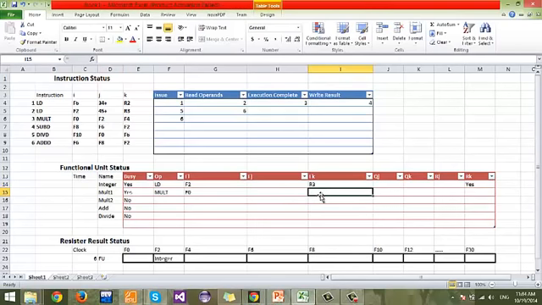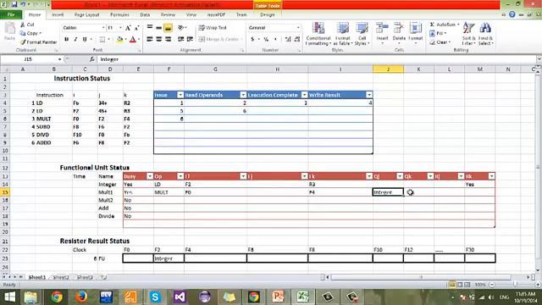Fk, is it available? Fk is f4. Yeah, it's available. Qj, which functional unit is going to produce fj, that means f2, integer. See here, f2 is not blank, there is integer, and f2 is our fj. So if fj is not available, put here qj.